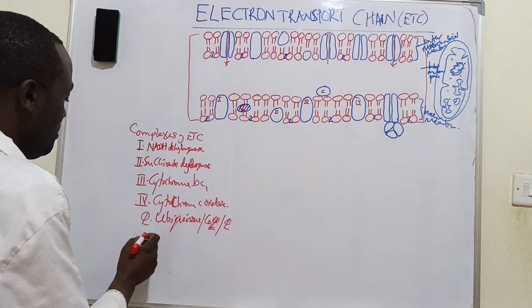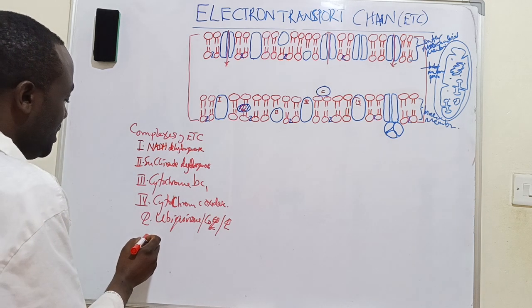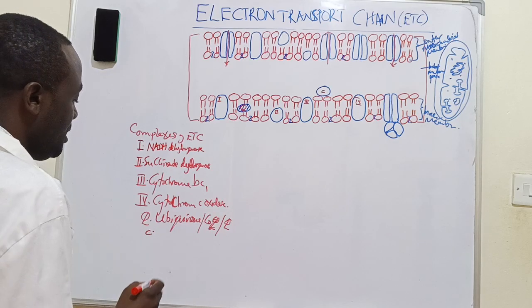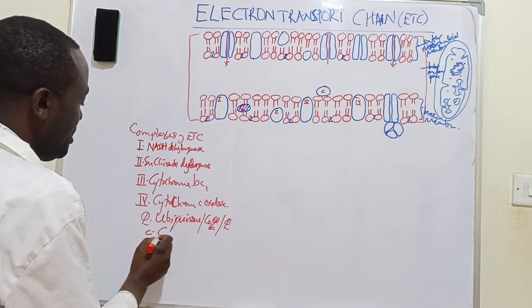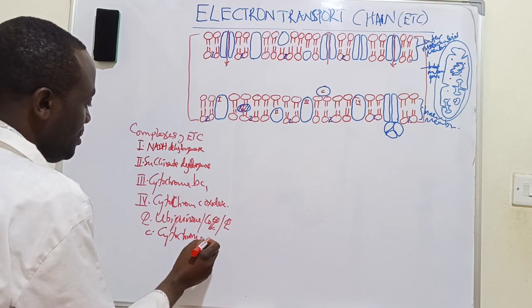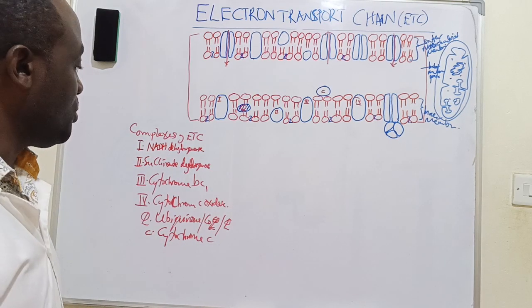Now, substance C, you see there, is called cytochrome C.